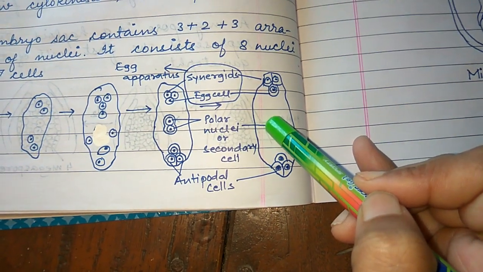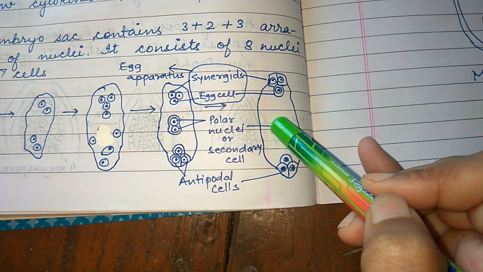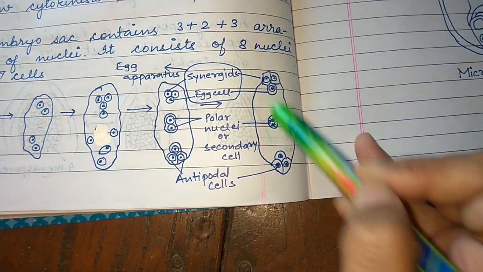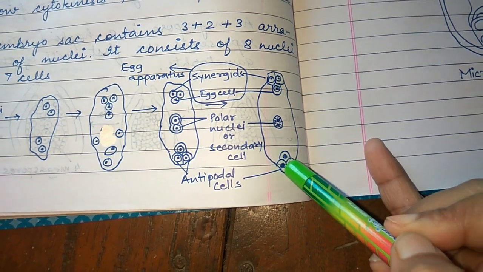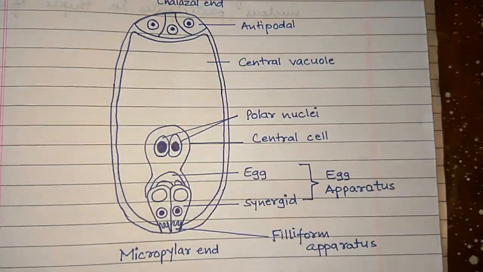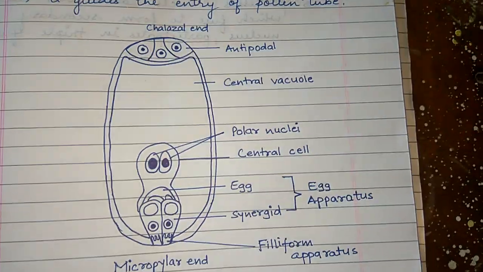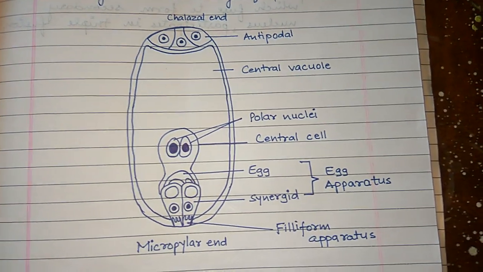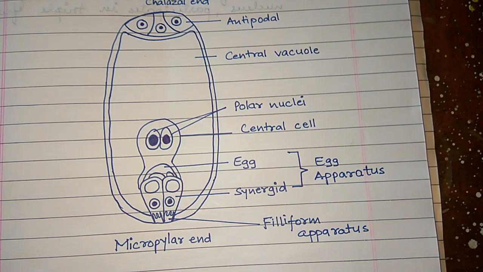Therefore, a typical embryo sac in any angiosperm is known as 7-celled 8 nucleate. Okay. Now, what is the structure of embryo sac? This is the structure of embryo sac in the anatropous ovule.